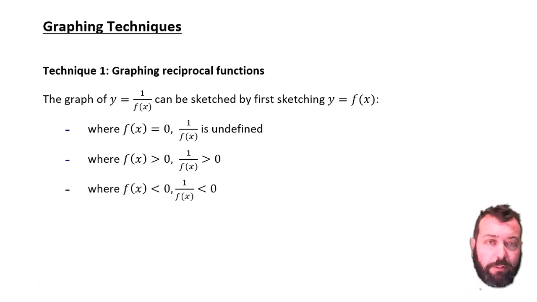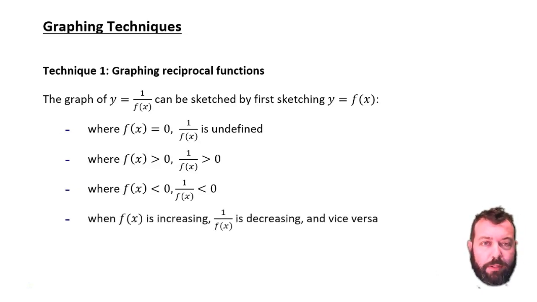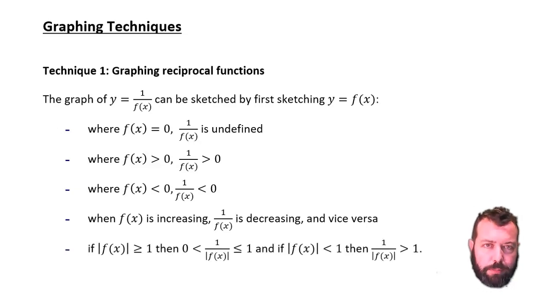Where my function is negative, my reciprocal is negative. When it's increasing, the reciprocal will be decreasing and vice versa, and a few other little bits and pieces too. So when my function is greater than 1, then my reciprocal is less than 1. Where my function is between 0 and 1, my reciprocal is greater than 1.